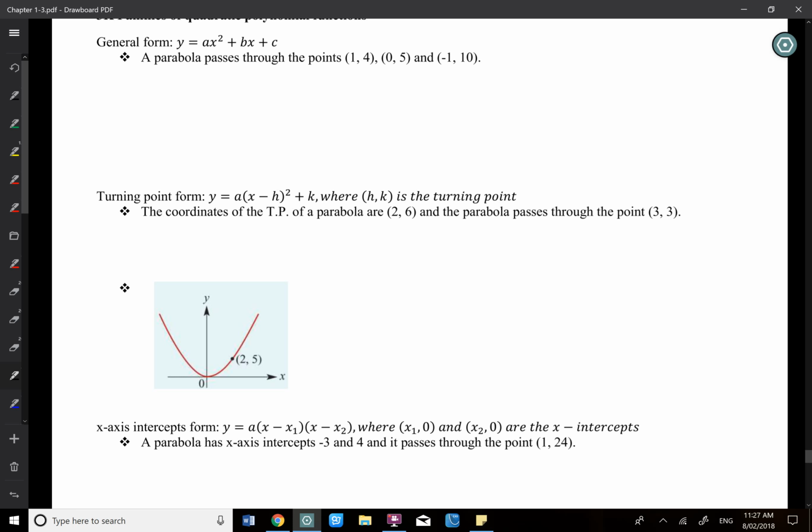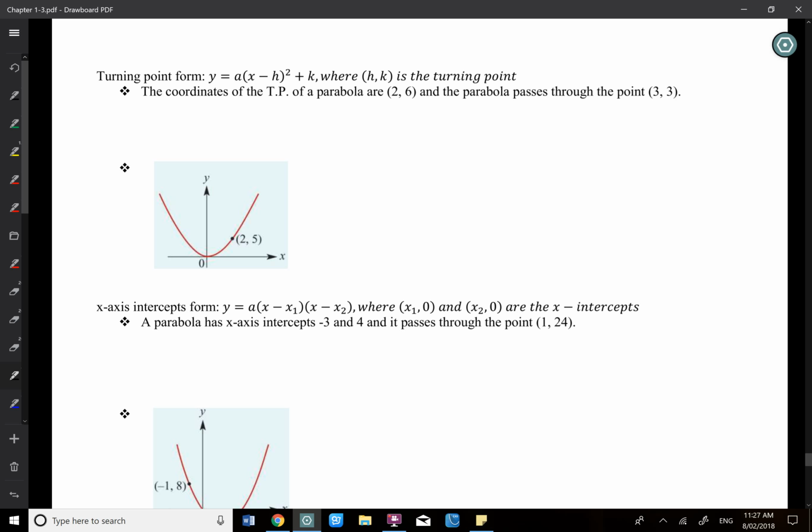The formula is y equals a, bracket x minus h, squared, plus k. The formula is minus the x coordinate but plus the y coordinate of the turning point. That's the turning point formula, which is the most important thing for the quadratic equation.